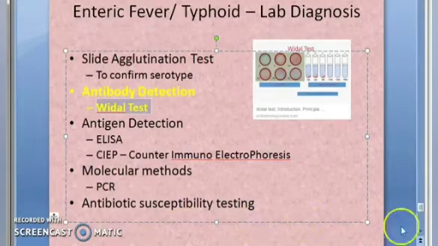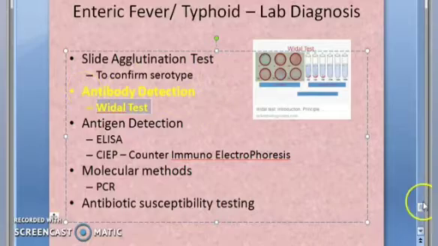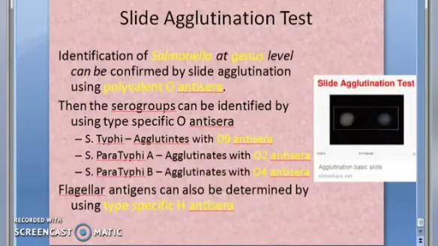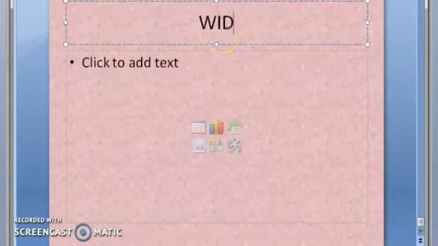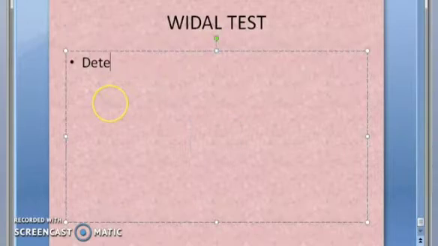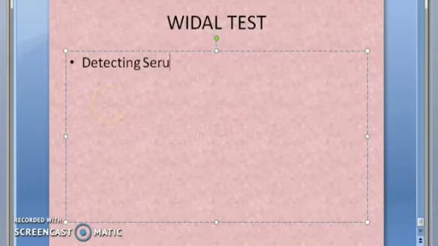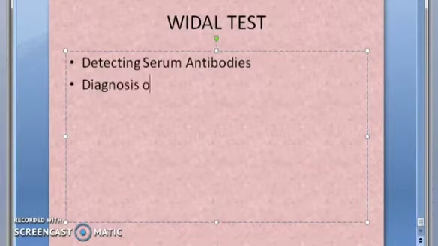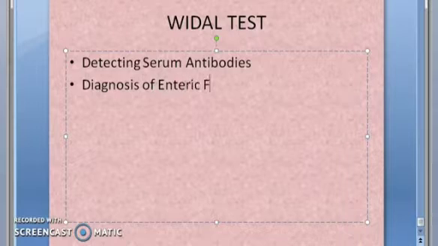The Widal test is detection of serum antibodies, okay? Let's make a new slide here. Widal test, you're detecting serum antibodies. It is one of the oldest and most widely used serological tests for diagnosis of enteric fever.